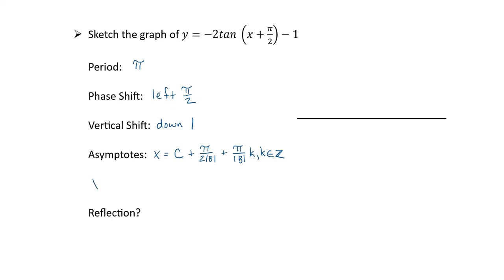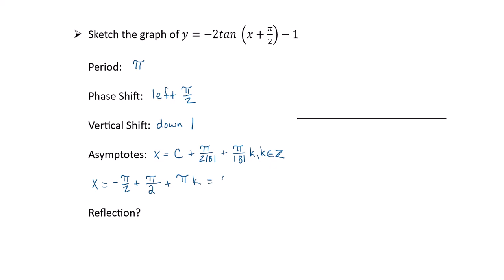So let's figure those. x is equal to our c value of -pi/2 plus pi/2 times b, where b is just 1, plus pi over absolute value of 1, which is just 1, so we're just adding pi k.